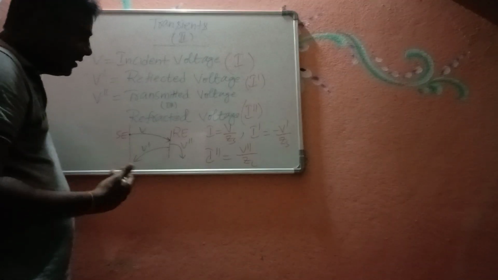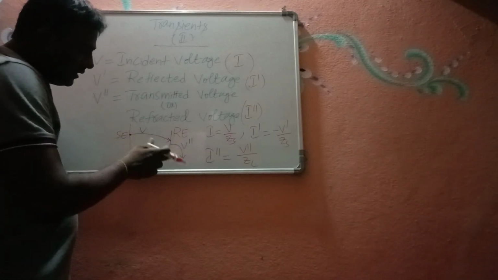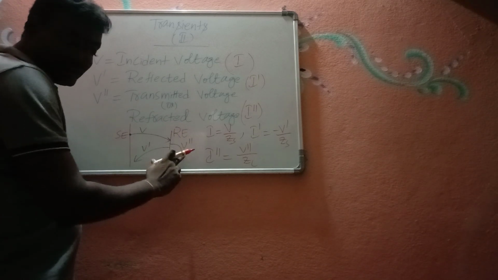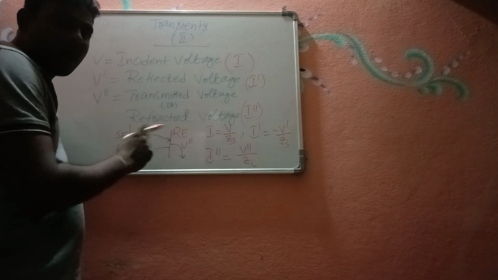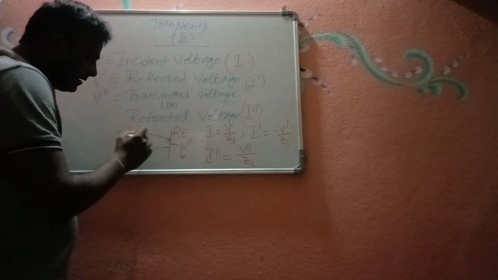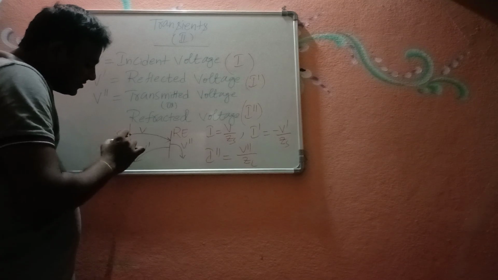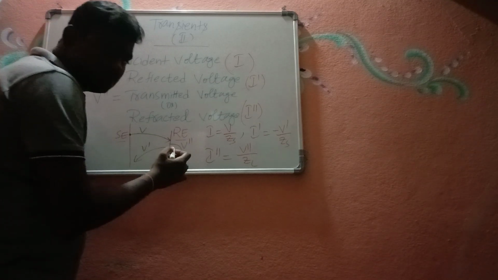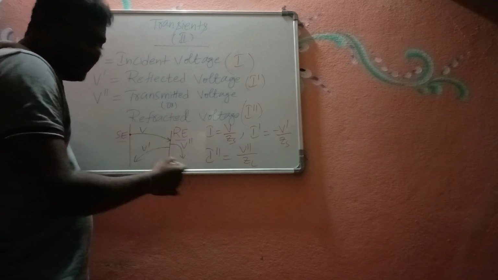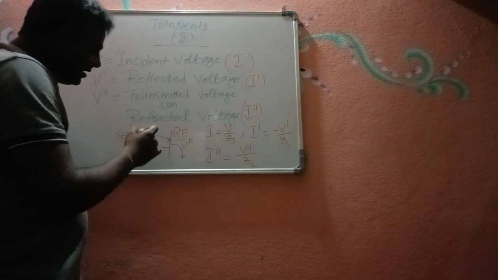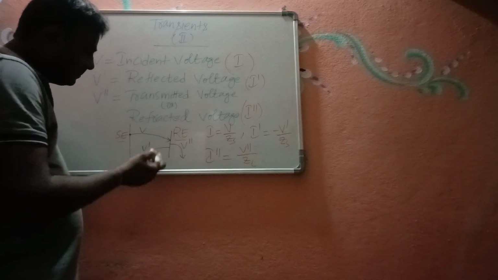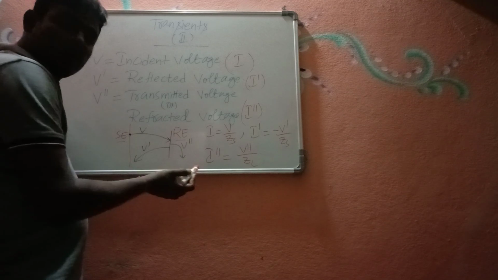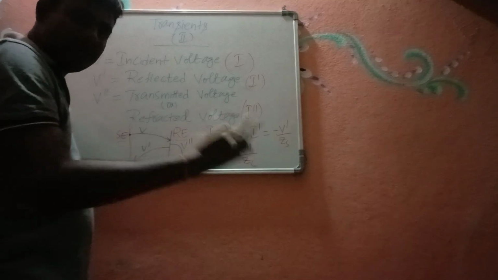We don't know them. Usually if the impedances of the line and the load connected here are of different values, automatically this signal which is moving from sending end to receiving end will experience a change in impedance. When it experiences a change in impedance, you will have the incident voltage, and from this voltage, two voltages will be formed.